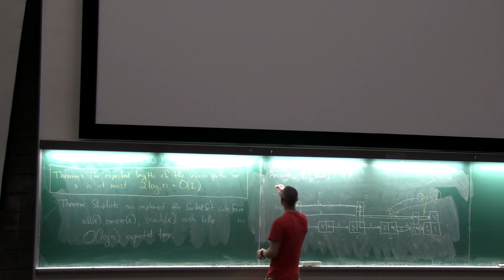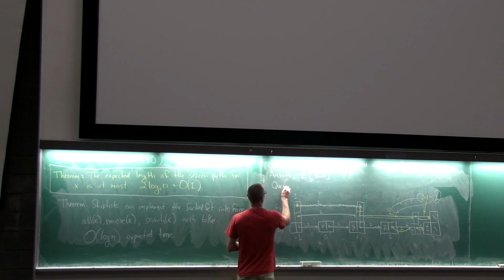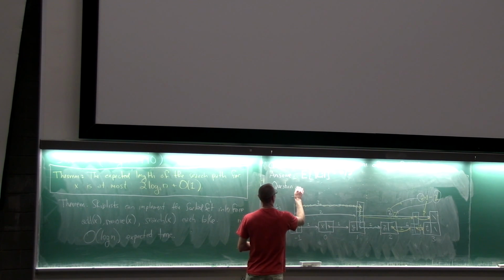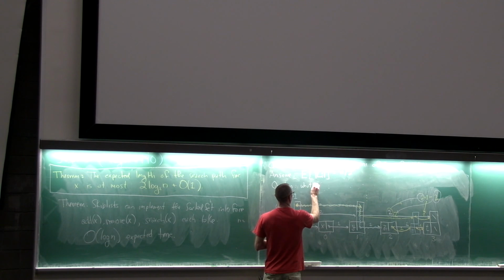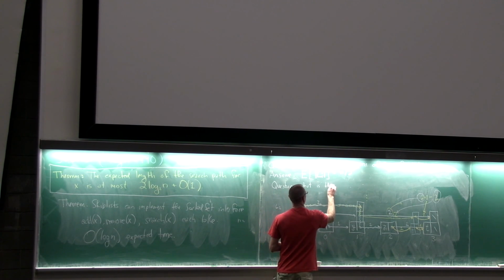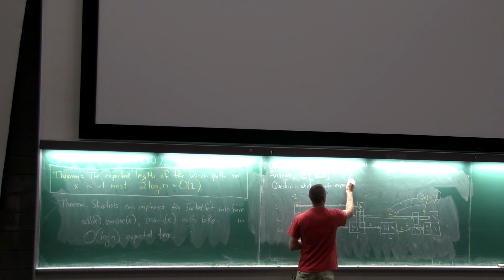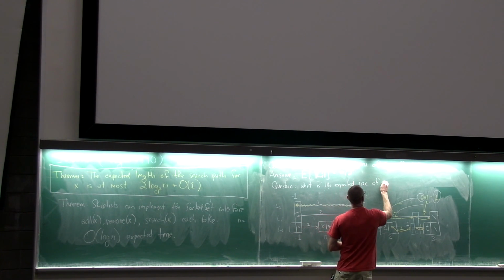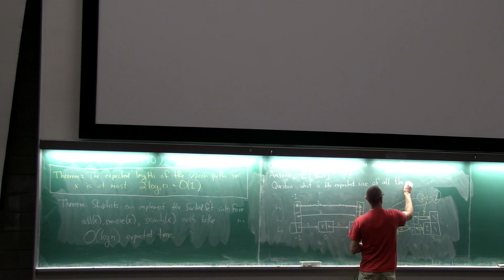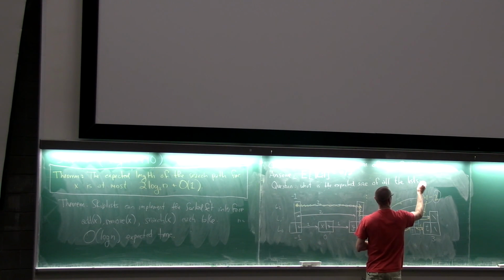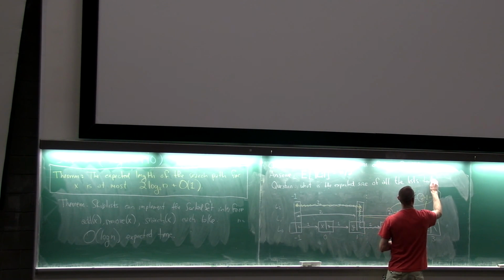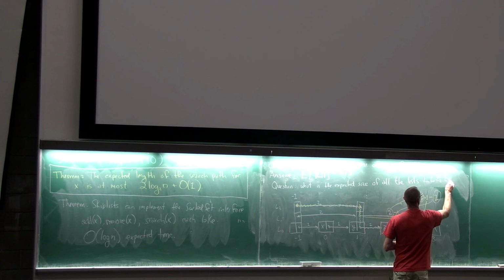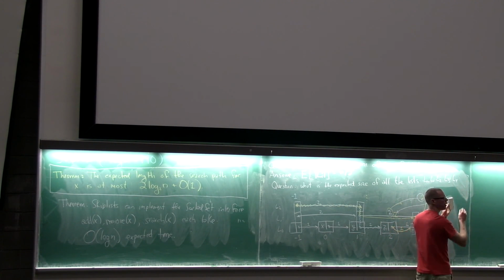Next easy question. What is the expected size of all the lists? L0, L1, L2, L3, L4, up to what?